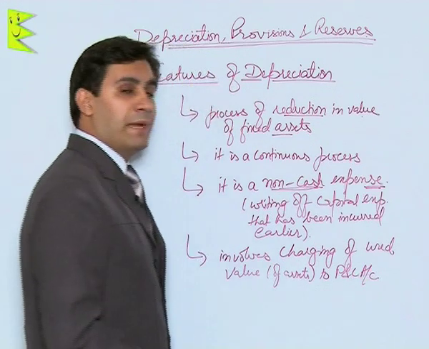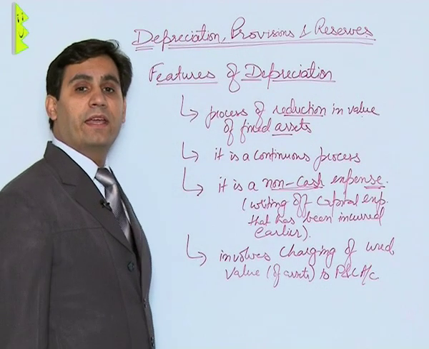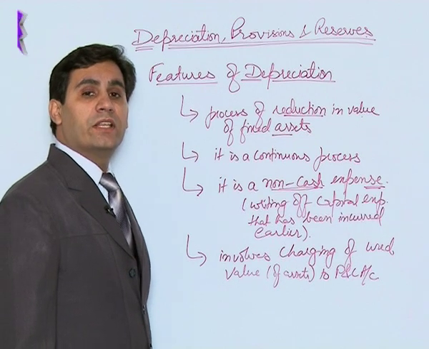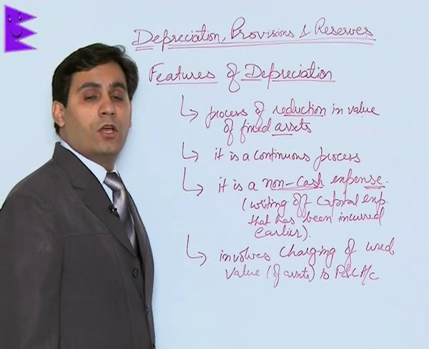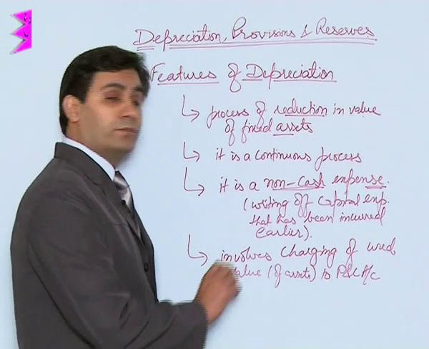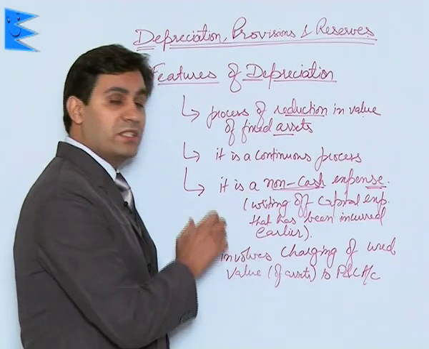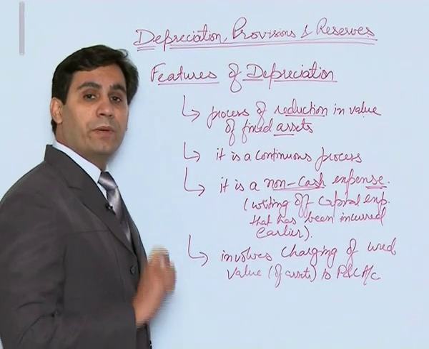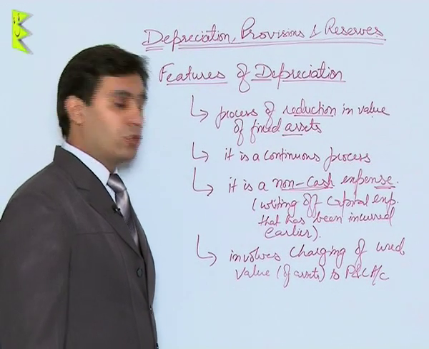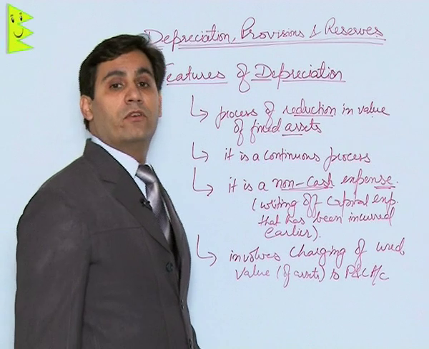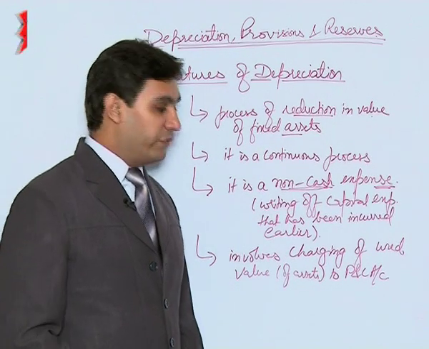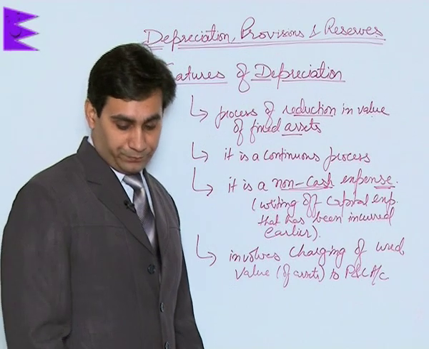Now students, as per the matching principle, any expenditure that is incurred in a particular year should be written off in the same year, or should be deducted out of the profits of the same year. Similarly, applying that concept to depreciation, we are using a particular asset during the year. So the amount of the value that we have used should be deducted out of the profit and loss for that particular year, so that we get the correct picture of profits of the business.